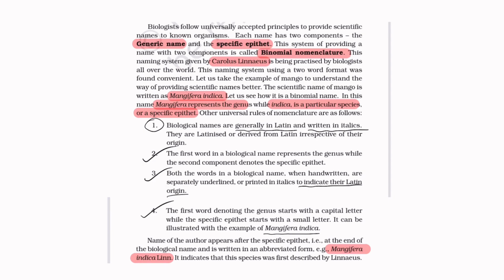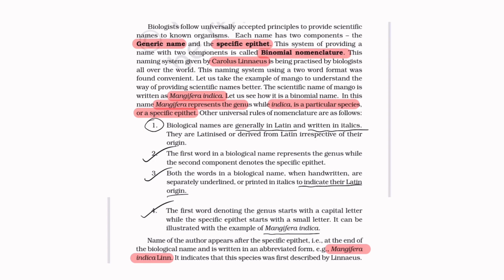So that is about this question. Now you might be wondering, why should I care about scientific names of fruits, when I want to become a doctor. Remember, doctors, scientists, and researchers across the world use scientific names to avoid confusion. Many drugs come from plants. For example, digoxin is obtained from Digitalis purpurea. Without correct naming, it could lead to wrong identification and serious errors.